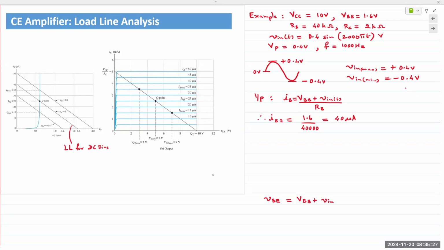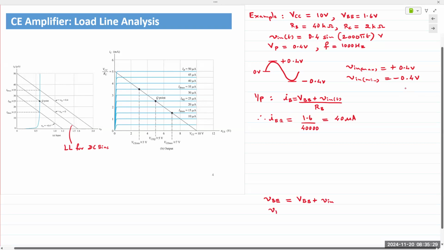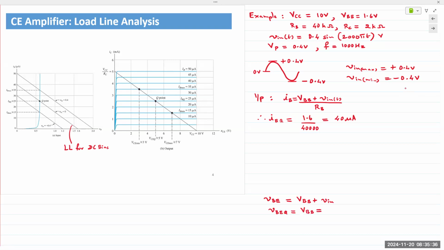And if Vin of T is 0, then VBEQ is simply VBB. In this case, it is 1.6 volts. And that point is right here. So that's our original load line. The original DC load line that is at 40 and 1.6.